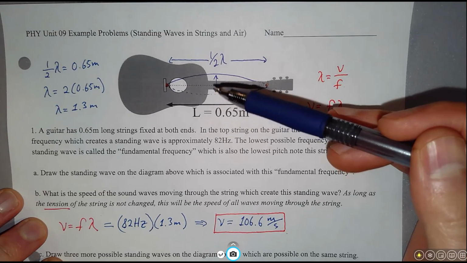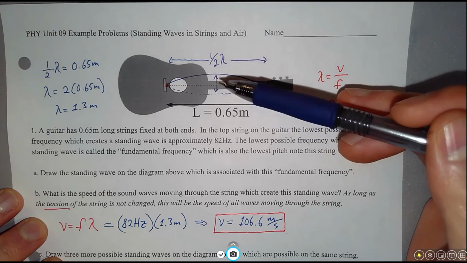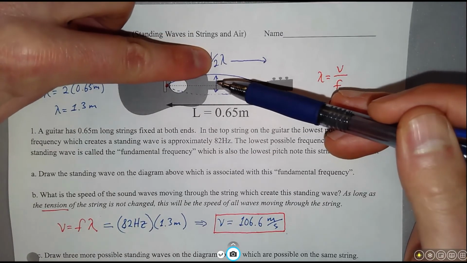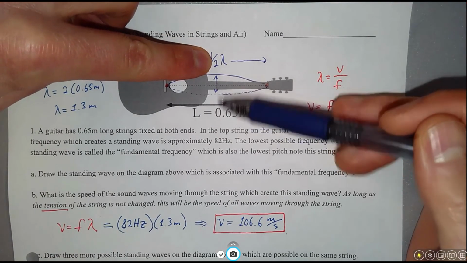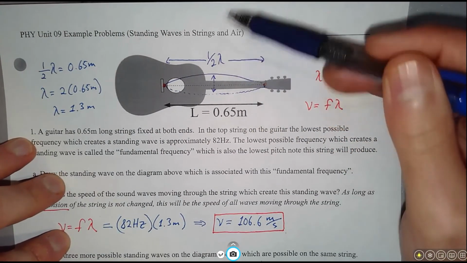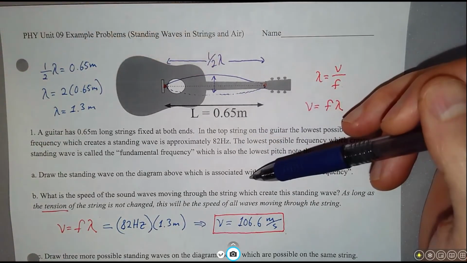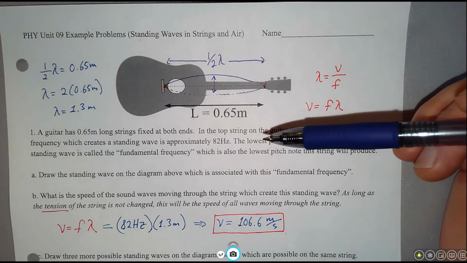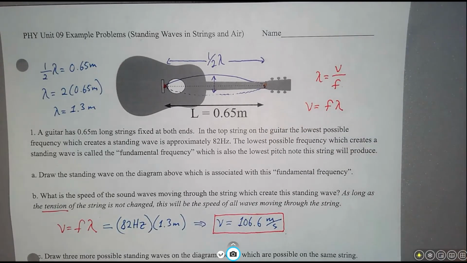When it moves up, it compresses the air right here, and then it draws it away when it goes down. So it's going to disturb the air at 82 cycles per second, which means it's going to produce a sound wave which moves away from the guitar string at that same frequency. So it creates an 82 hertz sound wave.